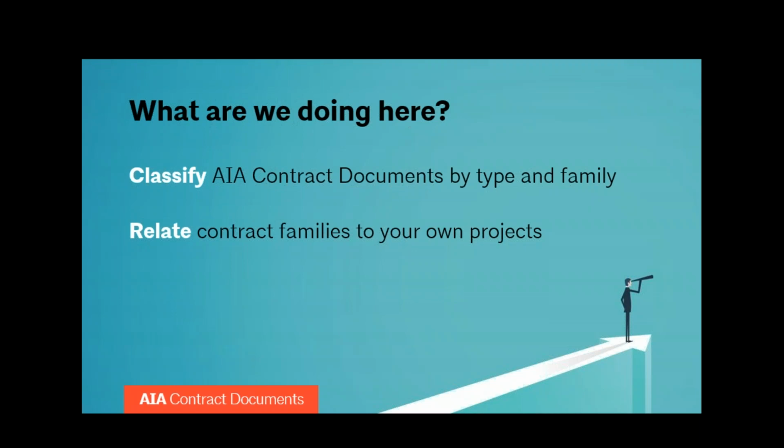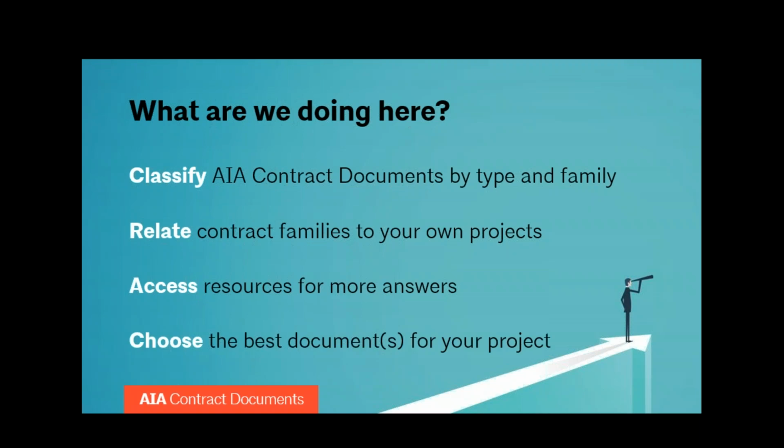And we'll dive in a little bit to talk more about what that means. We're also going to show you how to access resources if you have more answers beyond what we cover today. And ultimately, our goal is to help you choose the best documents for your project.